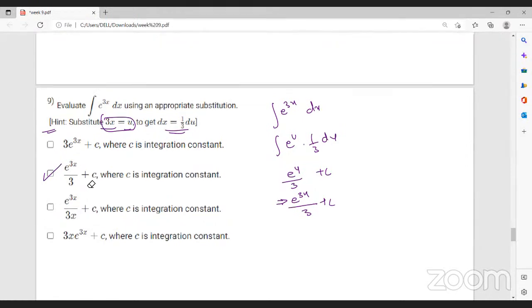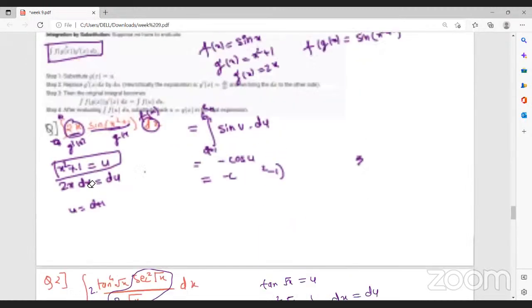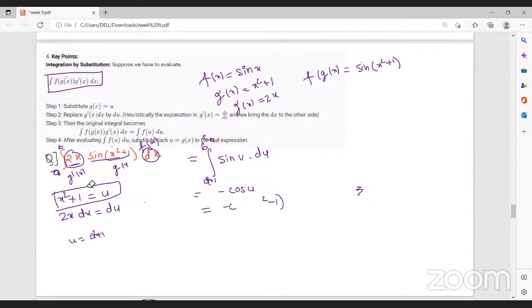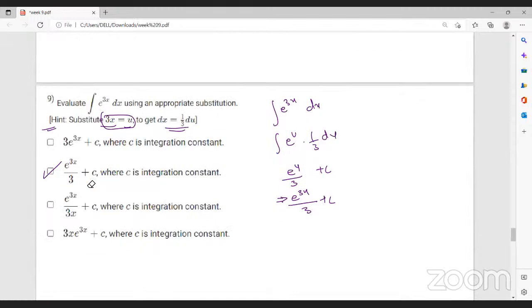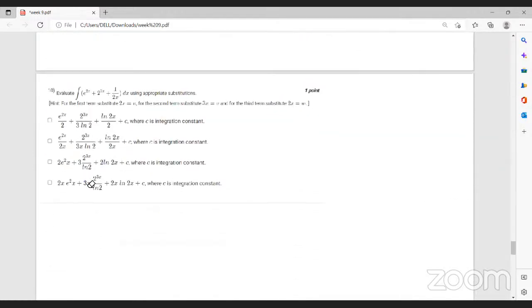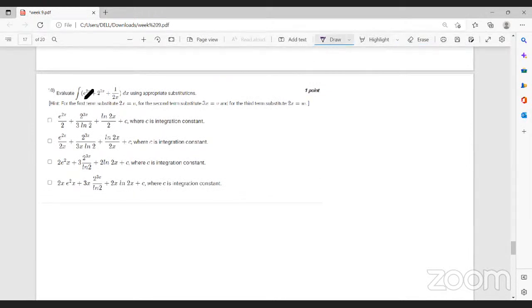So what if the hint is not given to you? You have to observe what integral is given to us, whether the derivative is present or not. Same case here also. For the first term, substitute 2x equals u. The integral given is e to the power 2x plus 2 to the power 3x plus 1 by 2x dx.